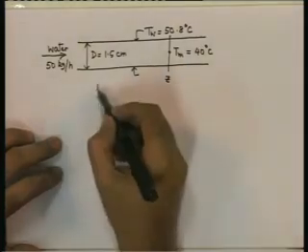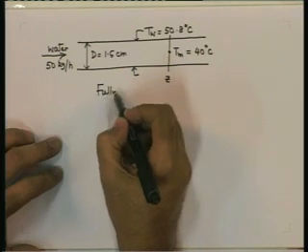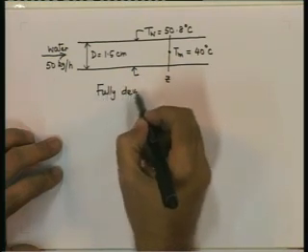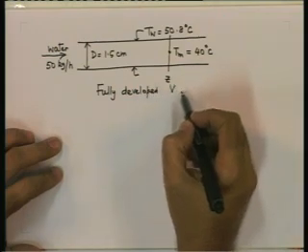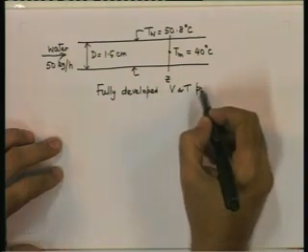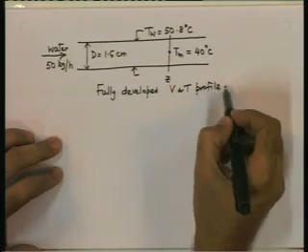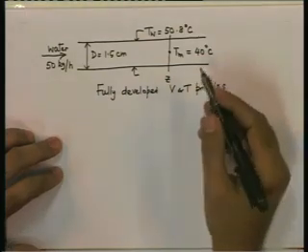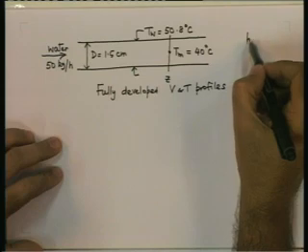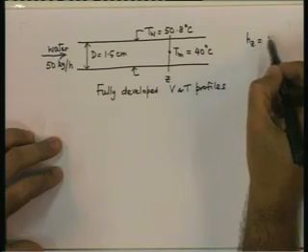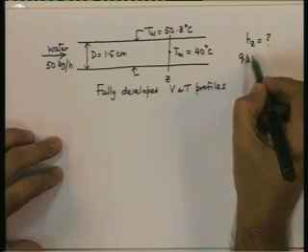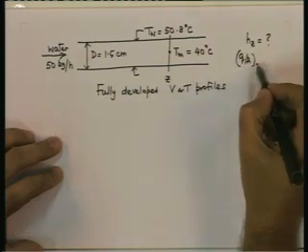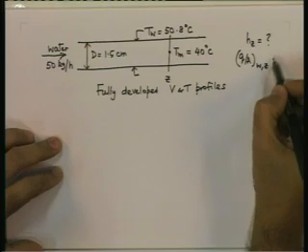Again assume fully developed velocity and temperature profiles, and we have to determine the heat transfer coefficient at that location and the wall heat flux at that location.